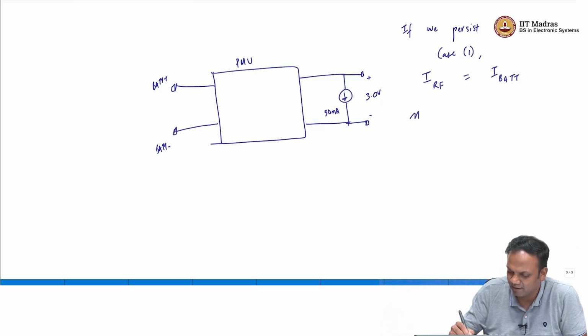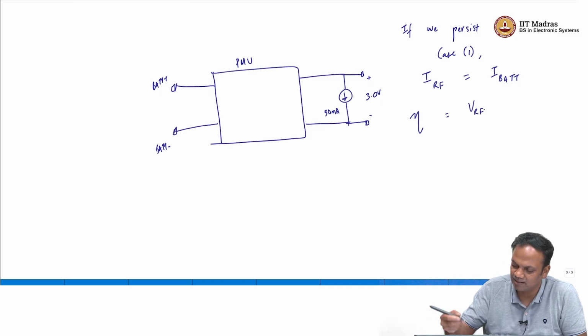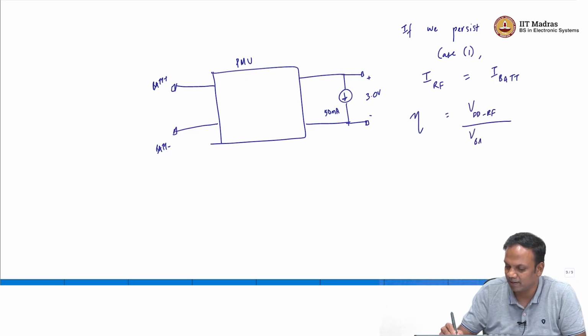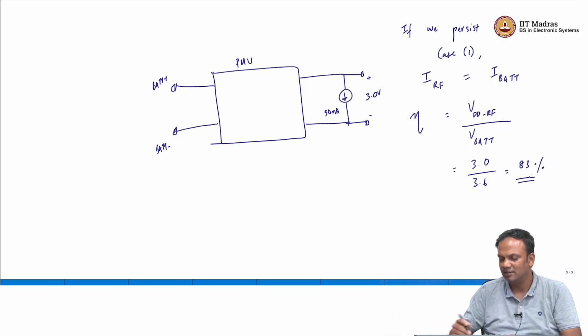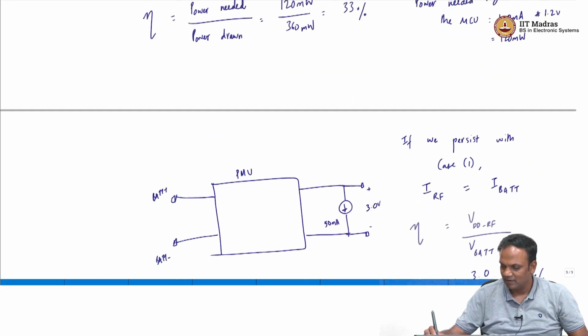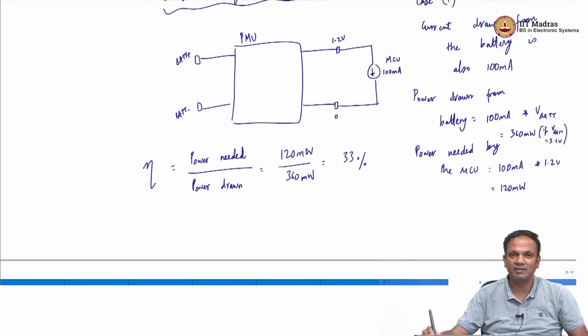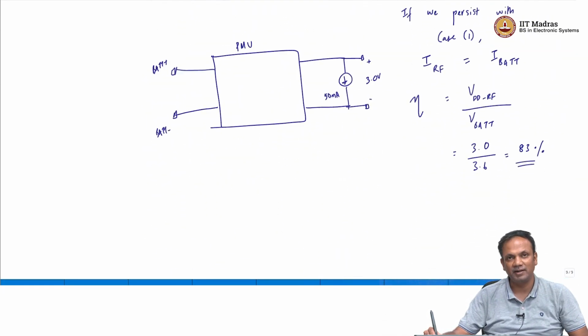In this case, the efficiency will be just VDD RF, which is the supply that this RF block needs, divided by VBAT. So, if I keep persisting with that 3.6 volt, this is 10 by 12, this is 83%. In the previous case we were at 33%, now we went to 83%.